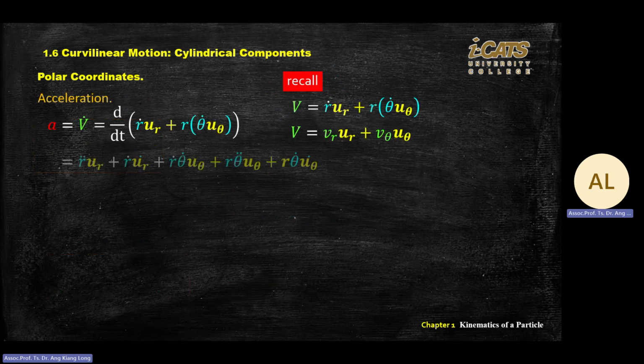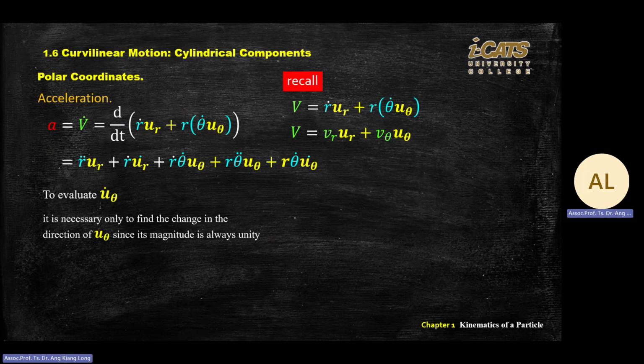Acceleration will be repeating the same. No need to remember, but if this question comes out, I will give you the equation. Because this is a bit lengthy, I don't expect you to remember, but you have to know what it means. R double dot means you double differentiate the R equation. UR is just the unit or direction of R. R dot means you differentiate one time.